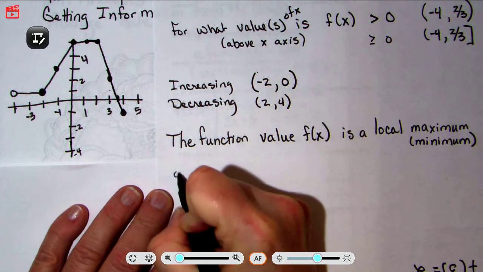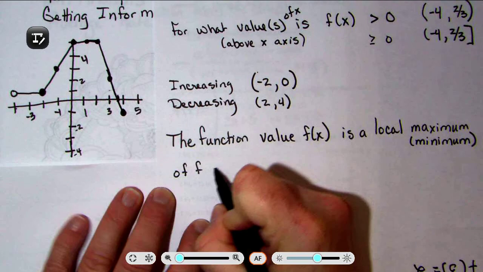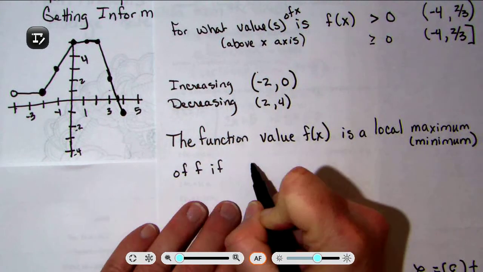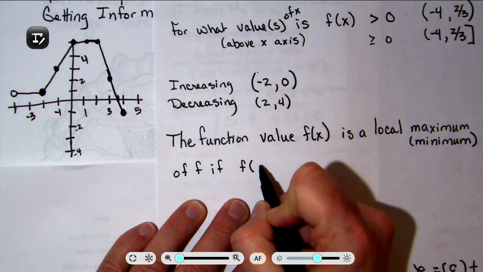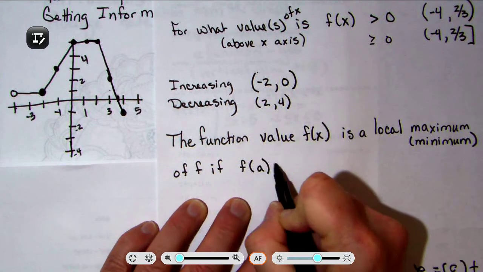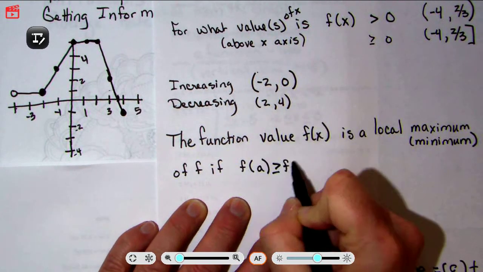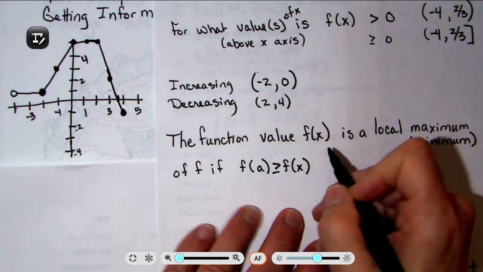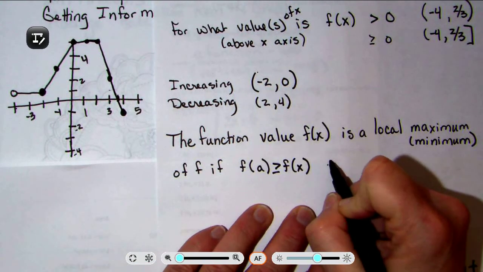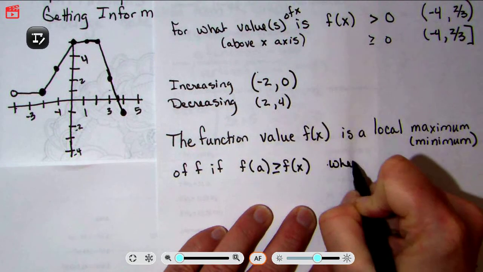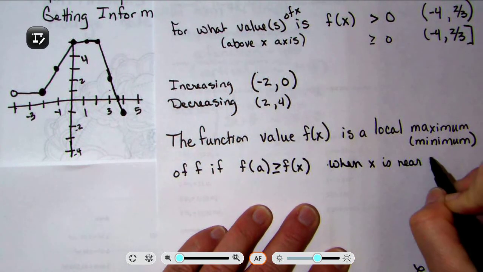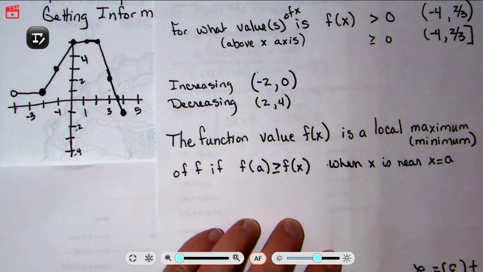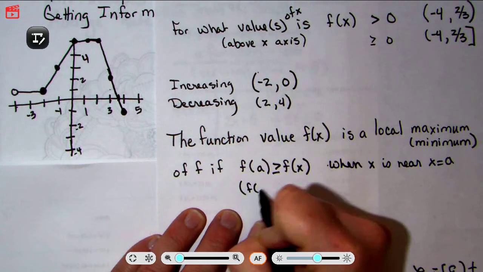They're considered a maximum value of f if f of a is greater than or equal to f of x when x is near x equals a. And if you're talking about a minimum, we're going to be smaller.